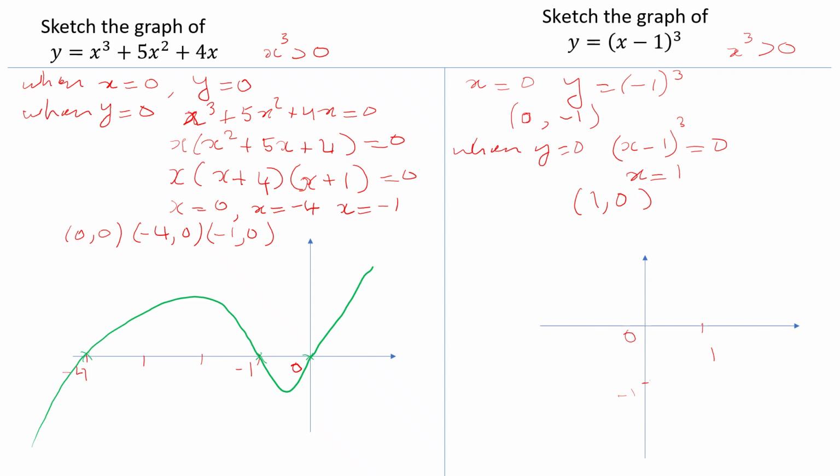This negative 1 and 1, 0. So all the three roots are same. So the graph starts from the bottom left hand corner like this.